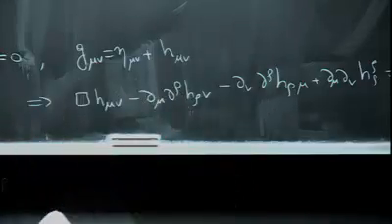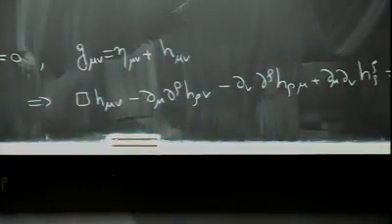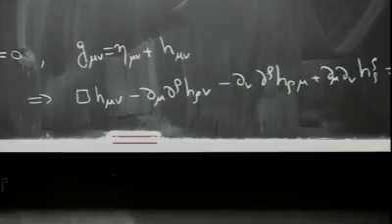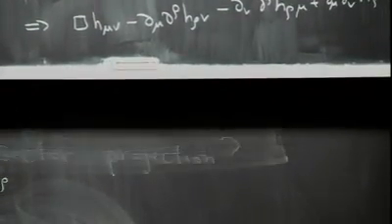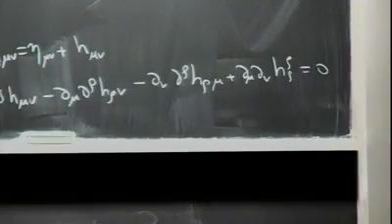Those are the linearized Einstein equations. If you've never seen them, you can spend 10 minutes trying to derive them from the Einstein equations by linearizing. Now we want to generalize this structure to higher spins.